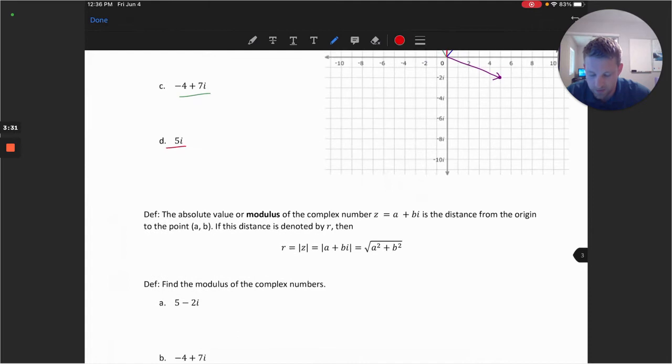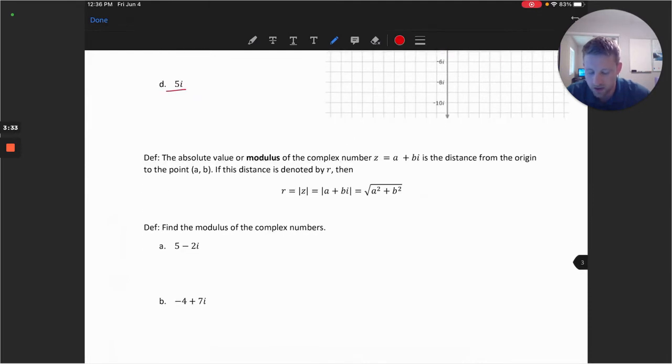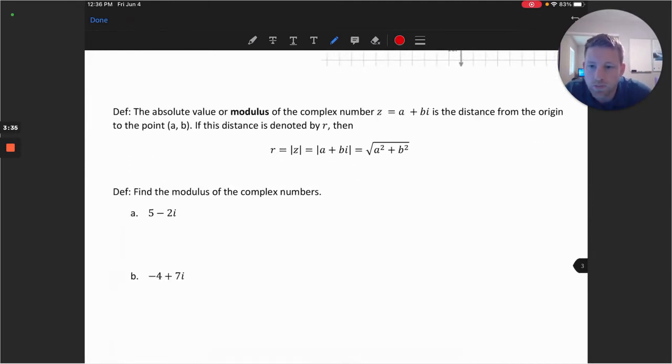The next thing that's going to be helpful for us with talking about the trigonometric form is the modulus of a complex number. So the absolute value or modulus of a complex number, z is equal to a plus bi, is the distance from the origin to the point a comma b.